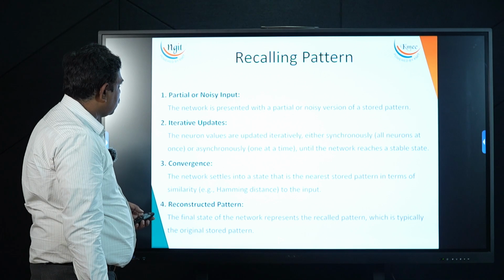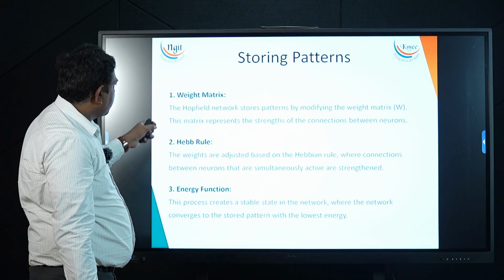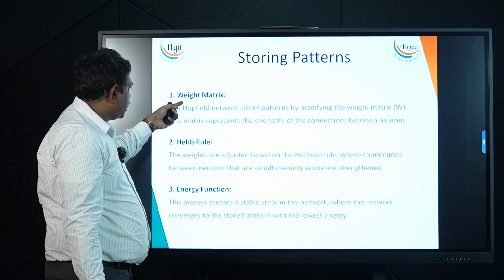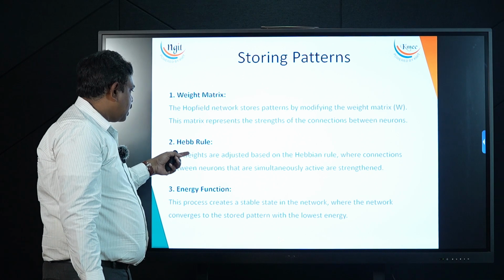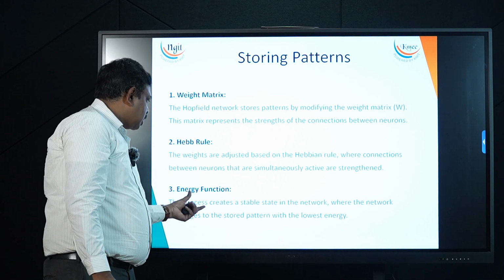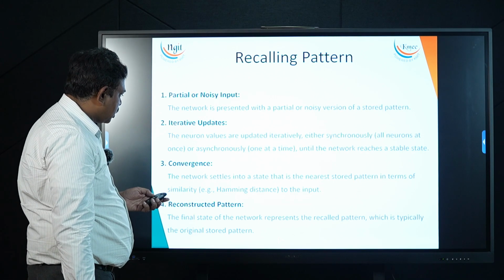Let us see the steps in recall. I completed storing patterns: first I prepared a weight matrix, then I applied Hebb's rule, +1 or -1 to each memory. Then I calculate the energy function. What is the energy function? Before going to recall, let us complete this.